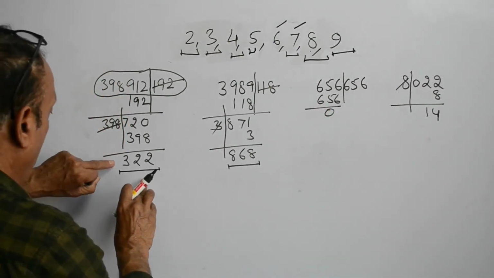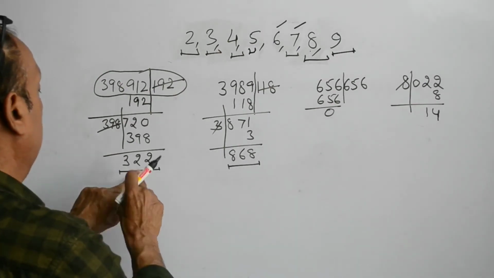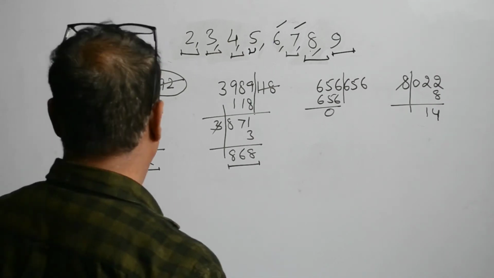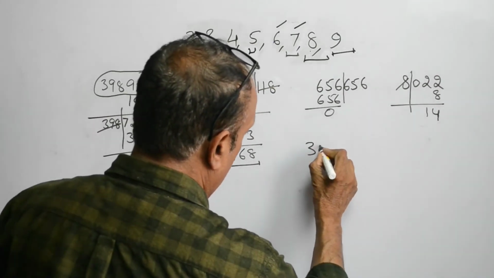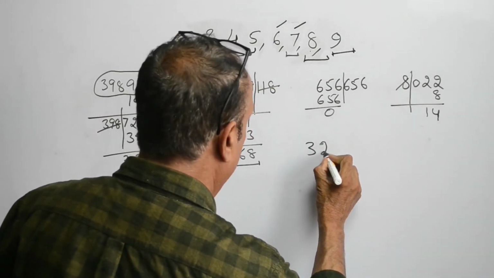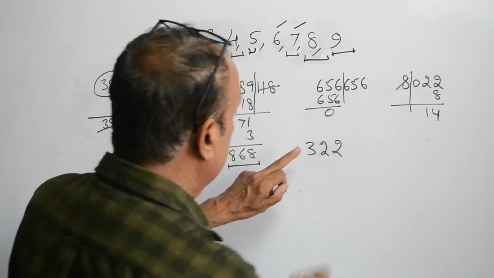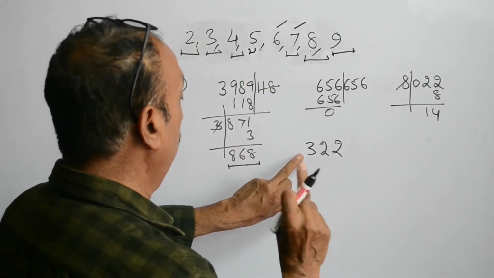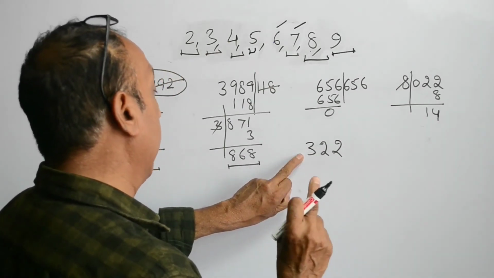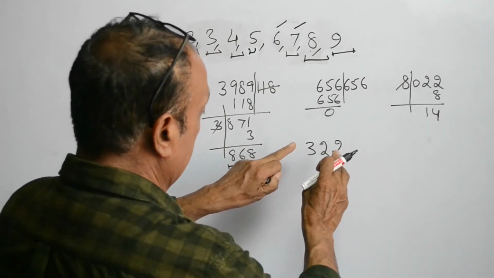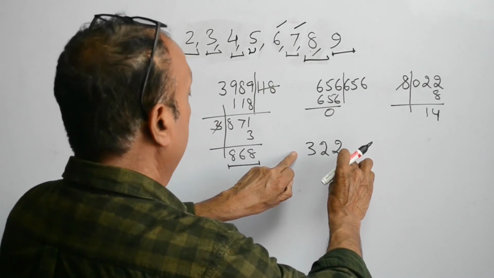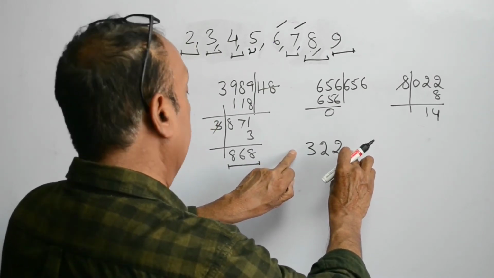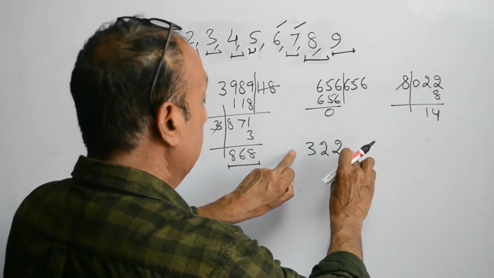Now, how can we find out that this 3-digit number is also divisible by 7? There is a very simple method. Just think of a number which is near to this number, and that number should already be divisible by 7.